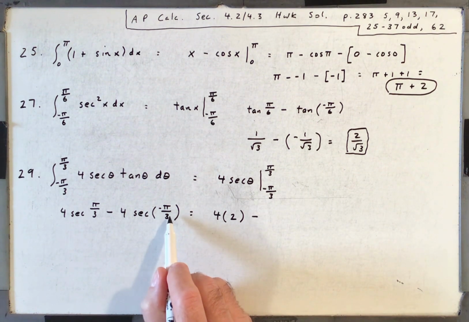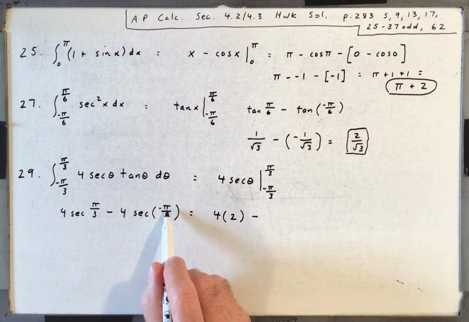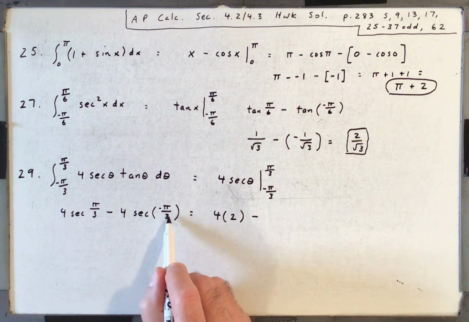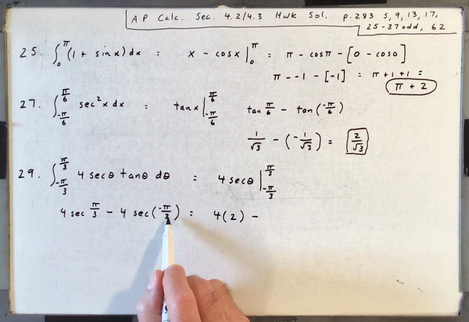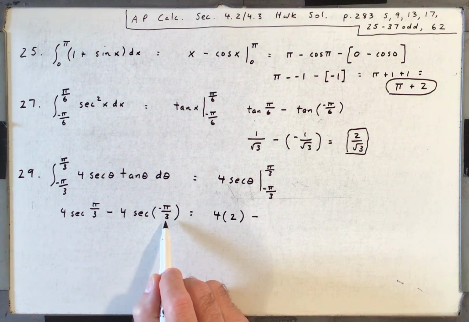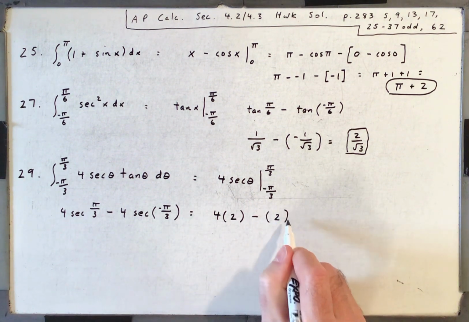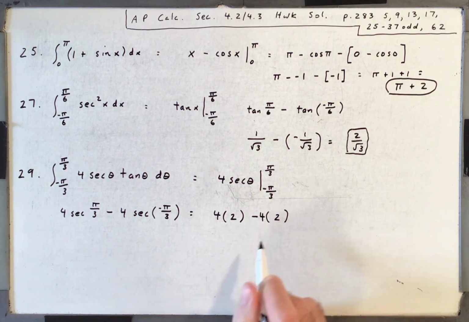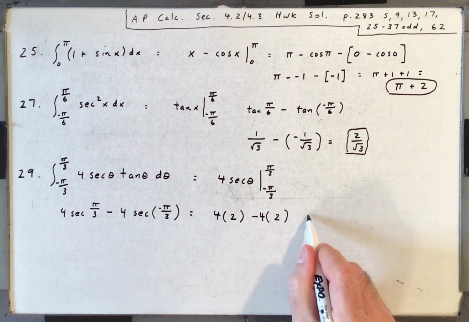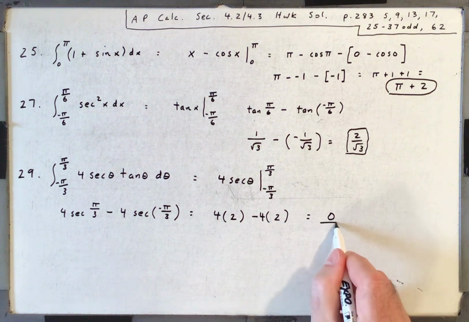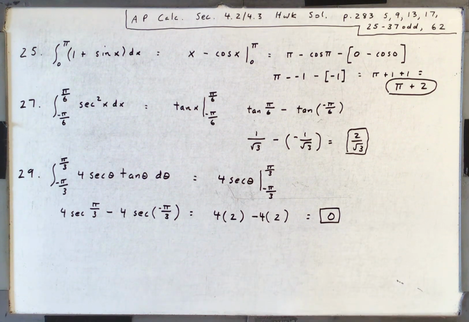It's in the fourth quadrant. You're just going the opposite direction. Okay, instead of you'd be going clockwise, and that's the same as 5 pi over 3. Okay, so the cosine's positive in the fourth quadrant, so it's also going to be 2. So it's just 8 minus 8, which is 0.